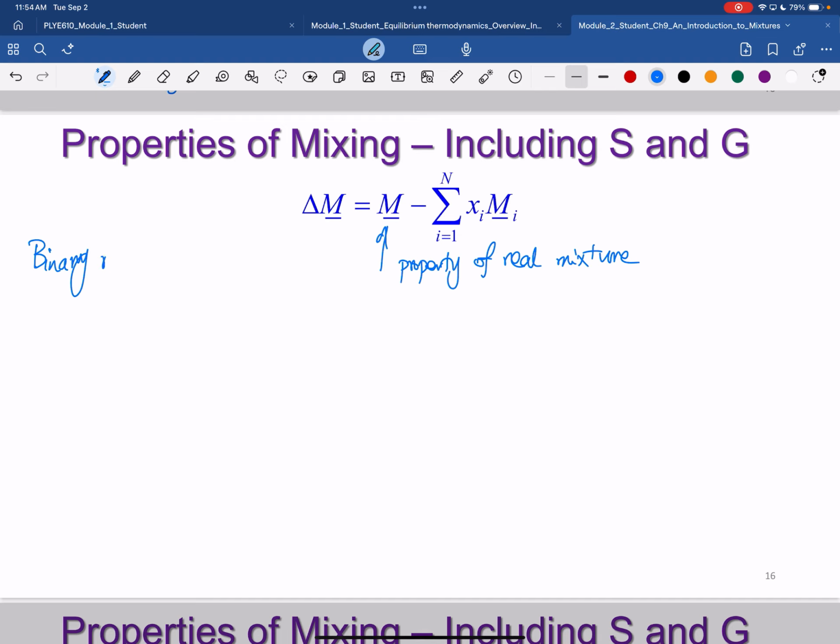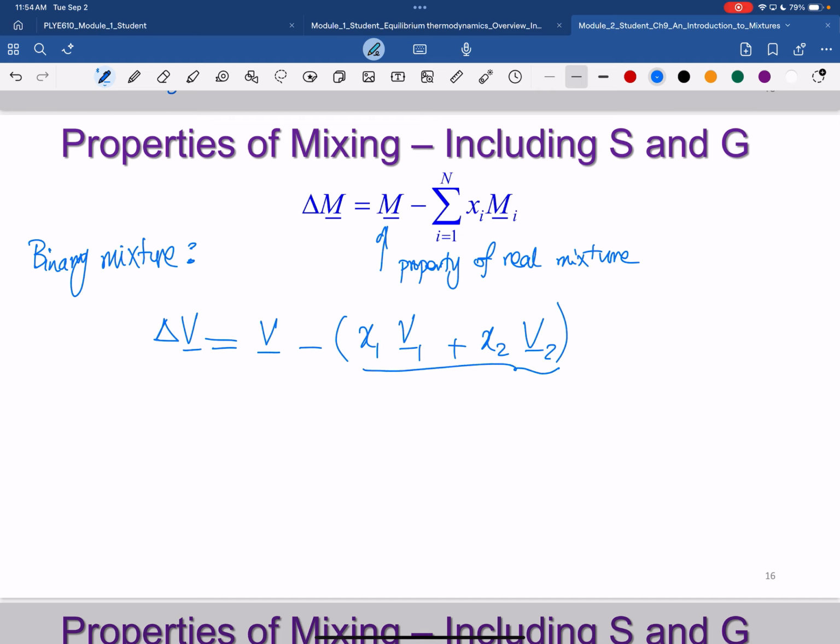Binary mixtures means that I have two components. So if I write delta V, it means V of my mixture minus x1 v1 plus x2 v2. And remember, for volume, we can define this as the V ideal.